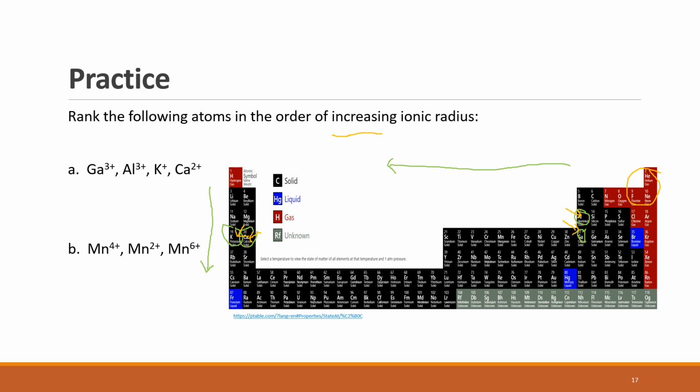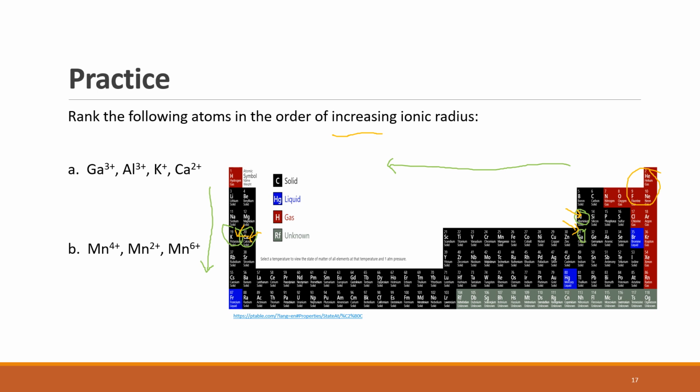Now the second example, B, now the charges need to be taken into account because you'll notice that they're all the same element with different charges. So now is where you need to know that the parent atoms are going to be larger than the cation, because you're removing an electron, causing the atom to become slightly smaller.